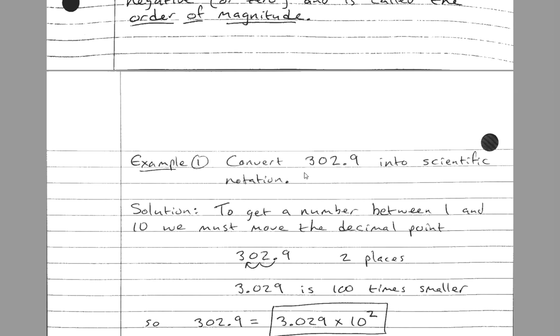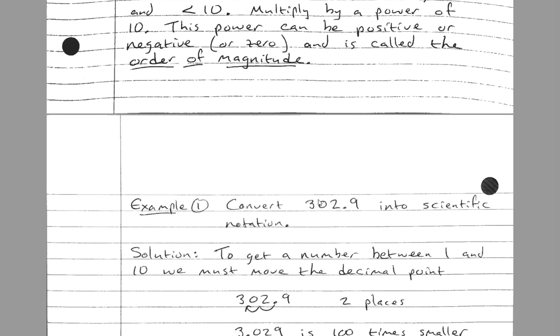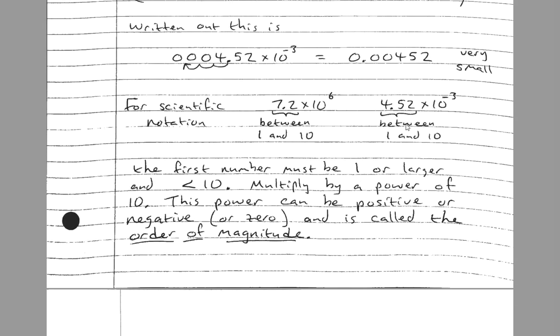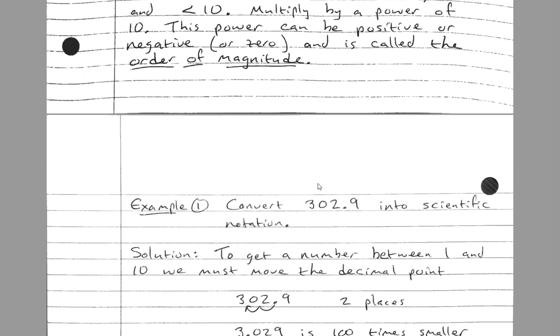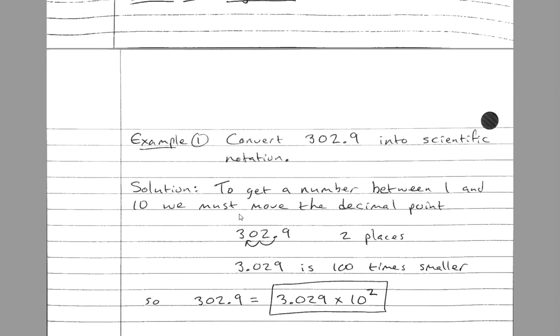All right, example 1, convert 302.9 into scientific notation. Okay, so we want to make it look more like one of these. Okay, the first thing to do is move the decimal point. Okay, so if we're looking for a number between 1 and 10, where should the decimal point get moved to?